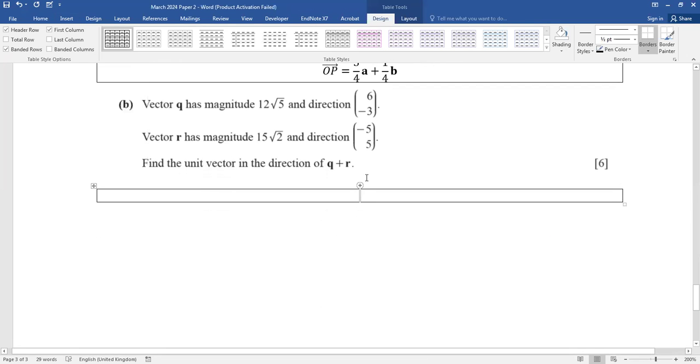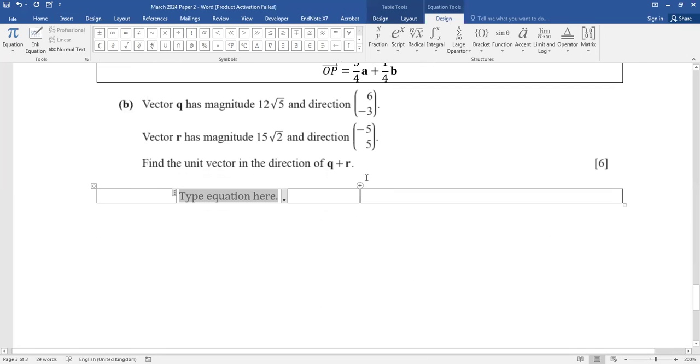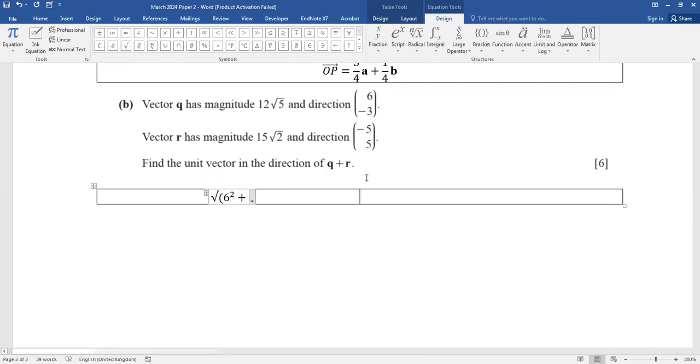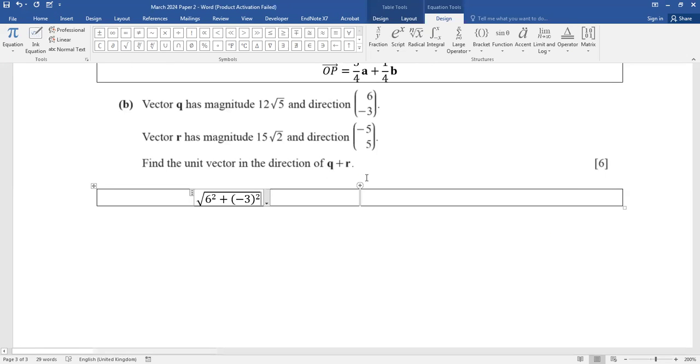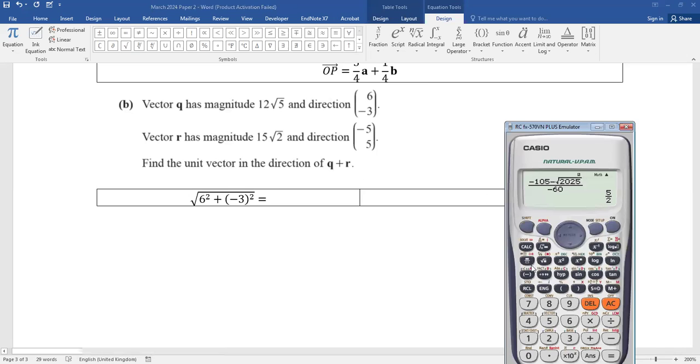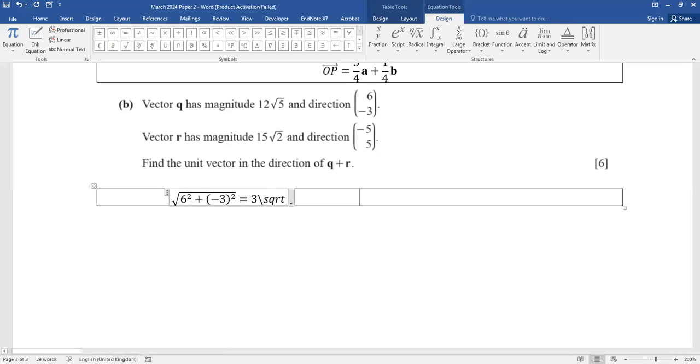So if I were to find the magnitude of this direction, the magnitude of 6 and minus 3 will be the square root of 6 square plus negative 3 square. So 6 square is 36. Let's use your calculators: 36 plus 9, which is 3 root 5. Now one way is, because this is 3 root 5 and you need a similar vector in the same direction, which is 4 times this vector.